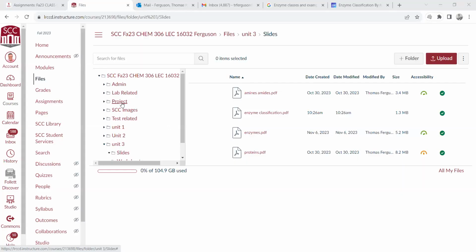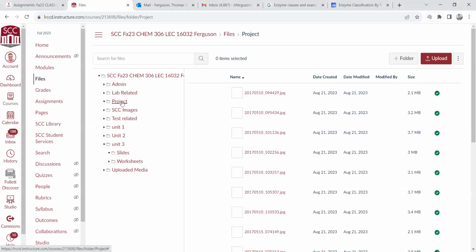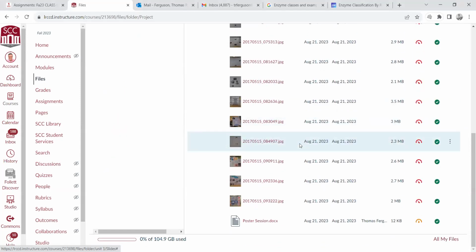Okay. So basically, I'm looking for a 3-panel poster, with examples. If you go to Canvas project under files, you'll see some examples.